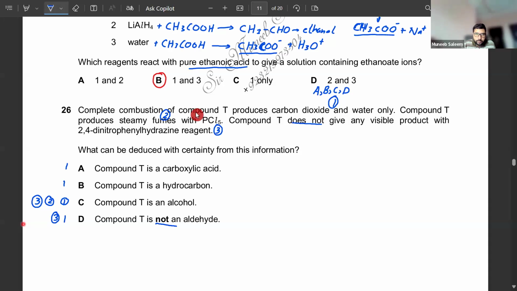And moreover, as we know, steamy fumes are only provided by the alcohol.